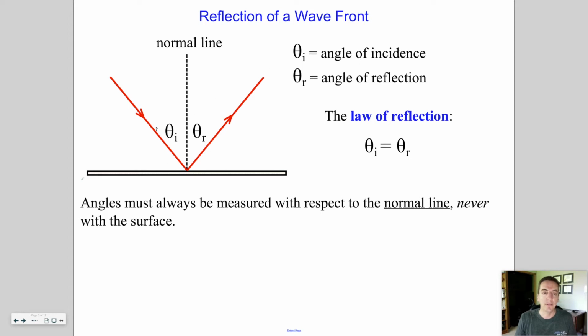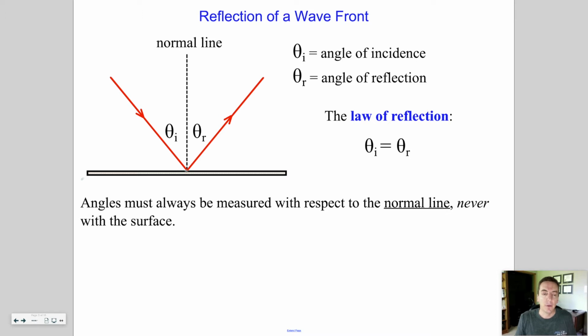The angle of incidence is the angle that the incident ray makes not with the surface, but with the normal line. Remember, we learned the term normal force in the dynamics section, where the word normal means perpendicular. If you draw a line perpendicular to a surface, you're drawing a normal line. So the dotted line represents the normal line. The angle of incidence is measured with respect to the normal line.